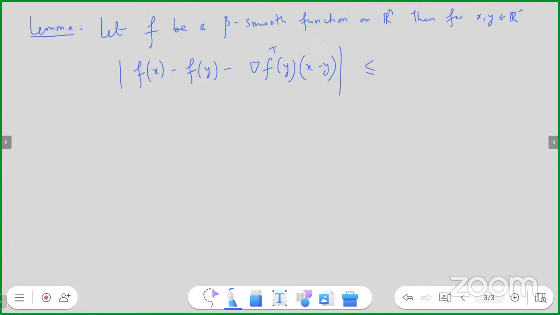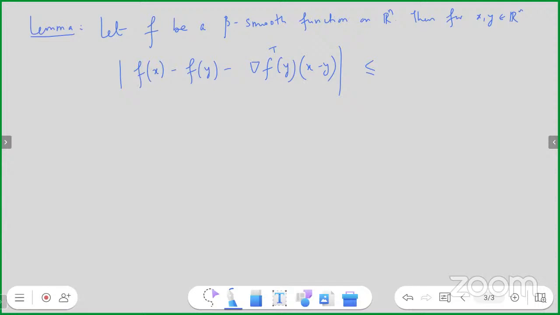Not a secant line, it's a line segment passing through. You've been doing this forever, right? Keep writing f of x in terms of f of y plus gradient transpose x minus y plus something. What is that something? Hessian, okay.